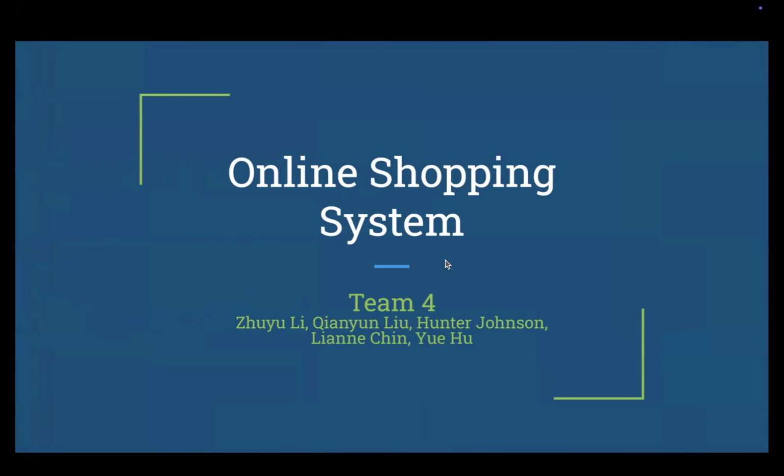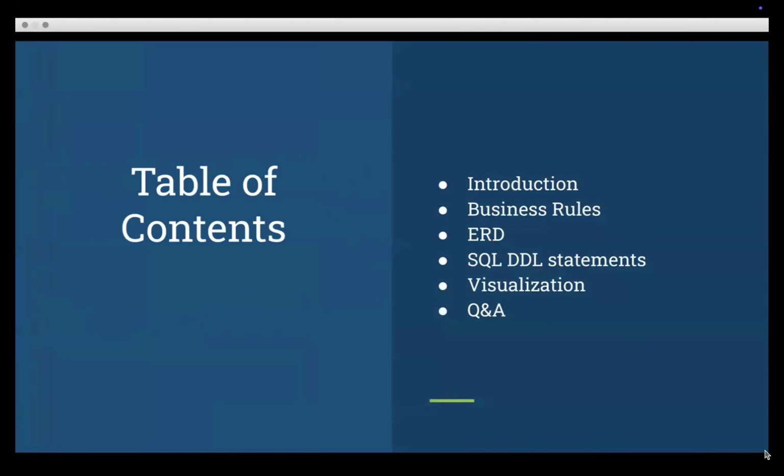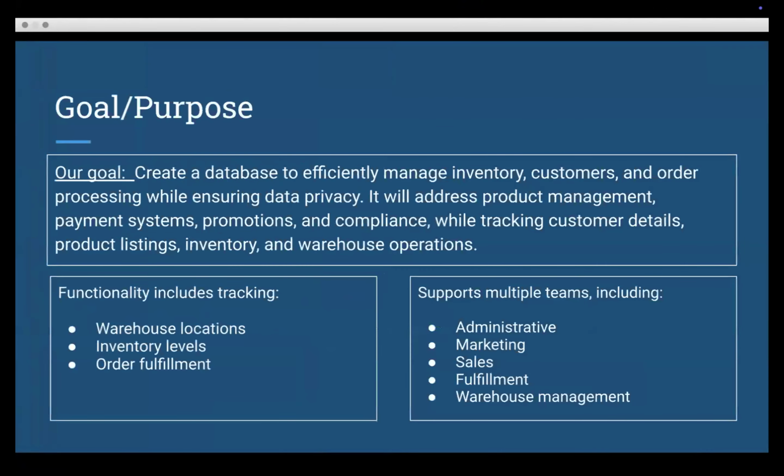Good morning, everyone. I'll be doing the introduction for Team 4's project entitled Online Shopping System. We're going to begin with a brief overview of our goals and purpose. Here's our table of contents. We set out to create a database that could efficiently manage inventory, customers, and order processing while ensuring data integrity and compliance.